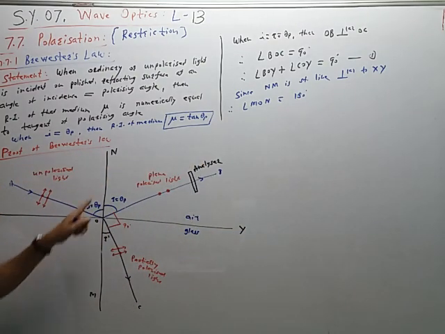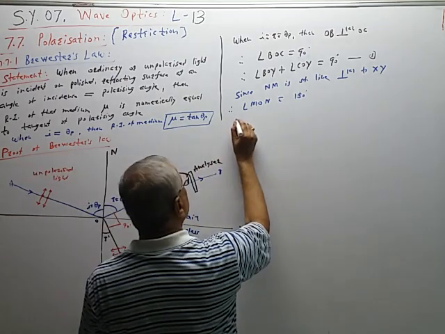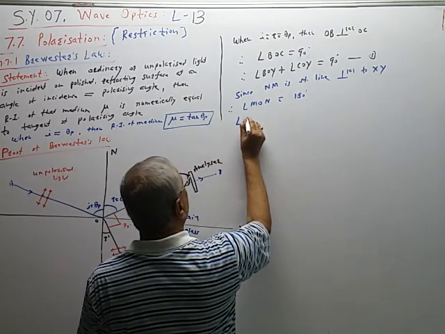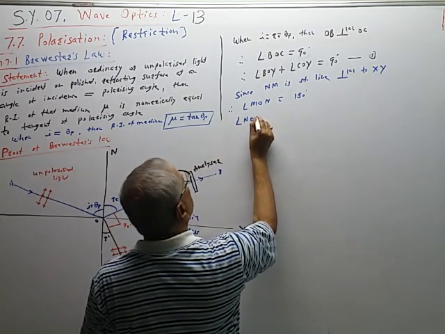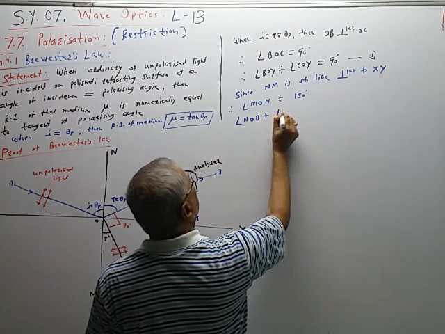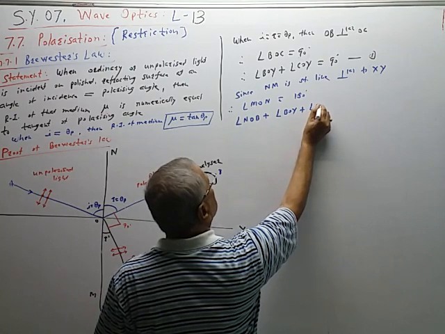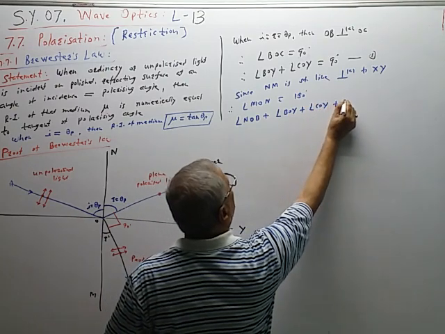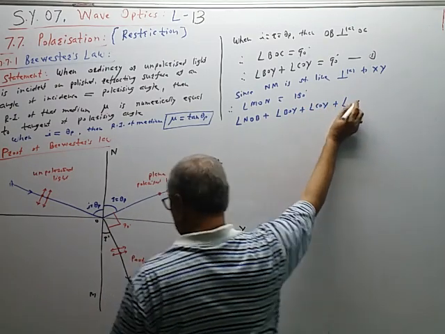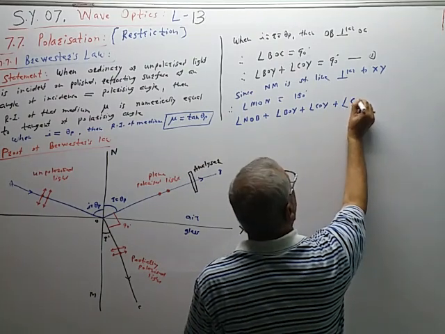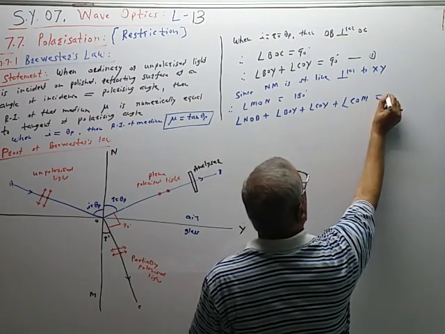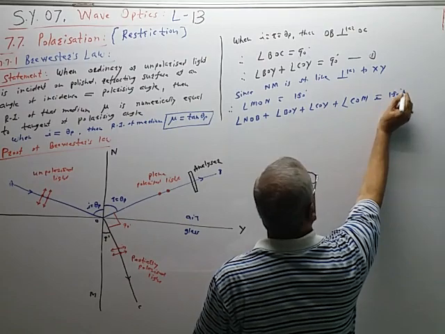MON is the sum of the three angles, so angle NOB plus angle BOY plus angle COY plus angle COM is equal to 180 degree.